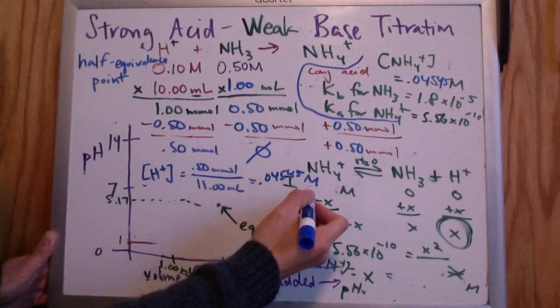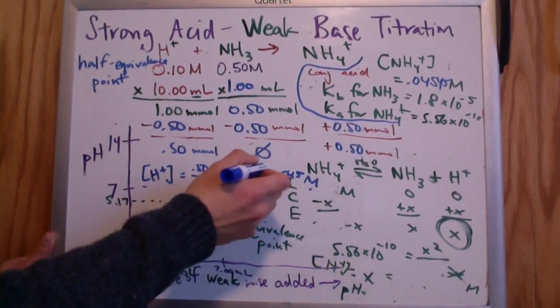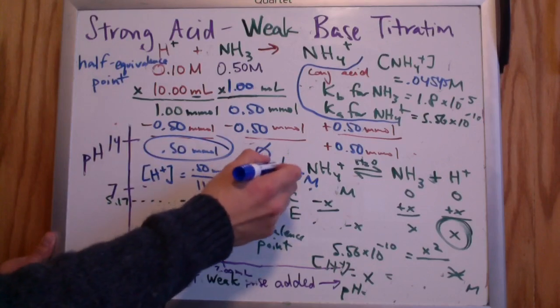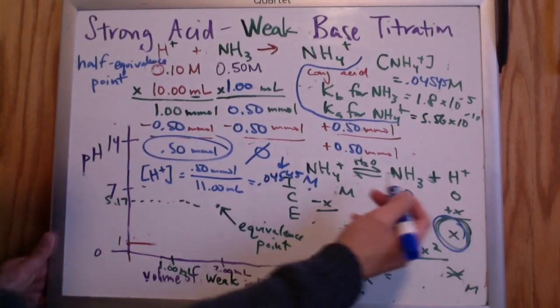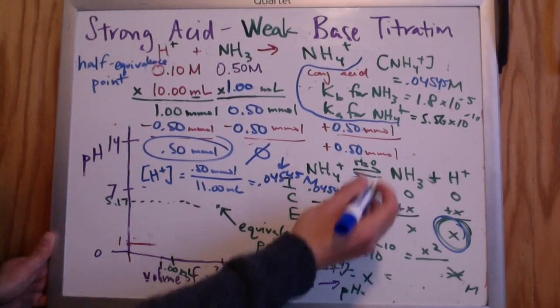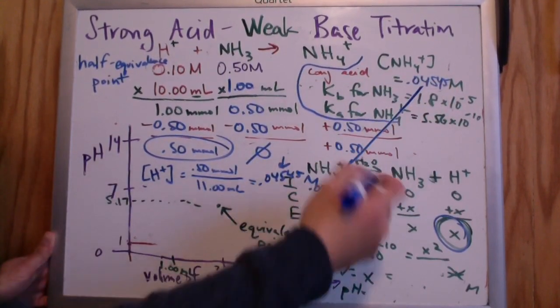So you do the same thing like you would here. We found the concentration of H plus from this, and that's the H plus here. Then we also need the H plus from over here. So we'll just plug and chug 0.04545, which was the concentration of NH4 plus that we had from over there.